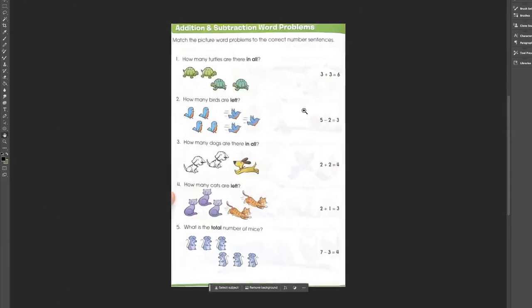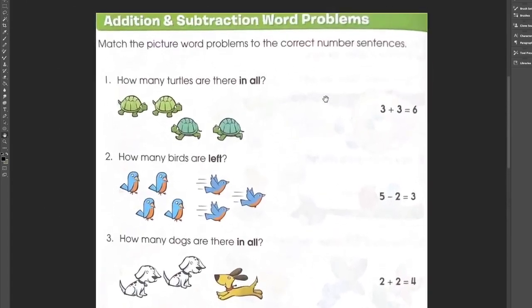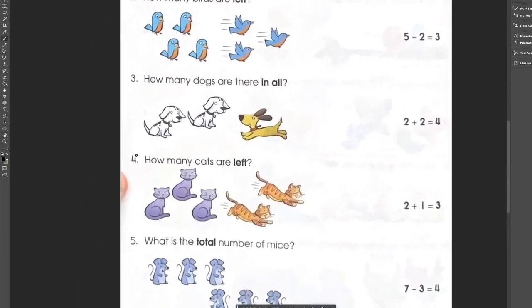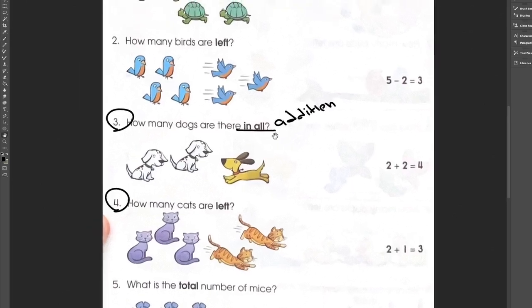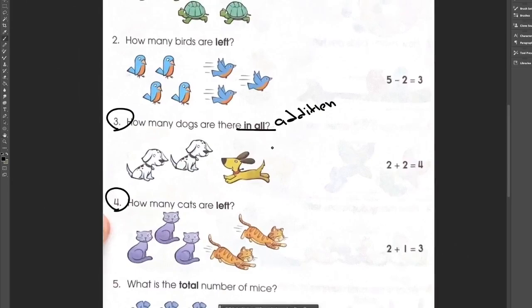So let's go to the second page, where it says match the picture word problems to the correct number sentences. So same thing here. Let's do 4 and 3 since we're a bit more speedy. So this one says, how many dogs are there in all? So in all indicates that this will be an addition problem, since we're not taking away anything, but we're rather taking into consideration everything.